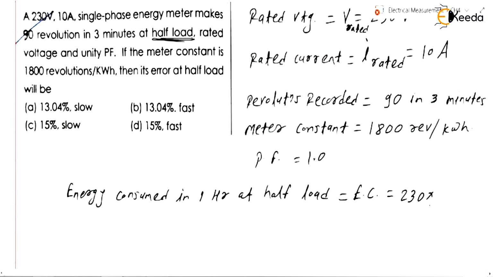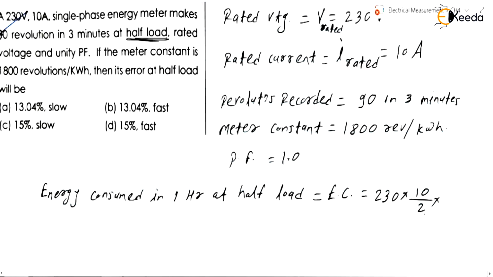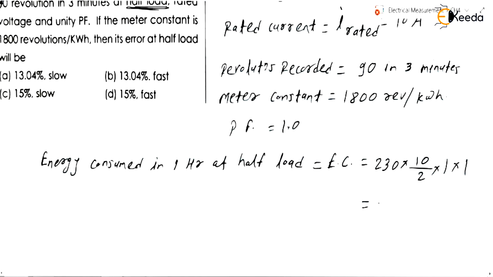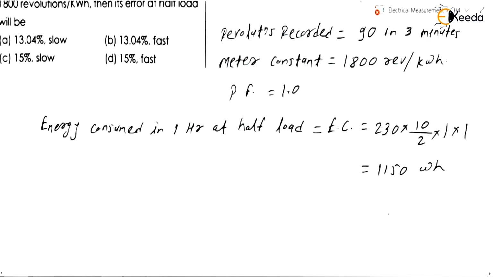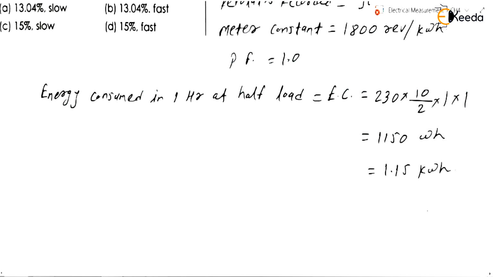At full load it is 10 amperes, so at half load it is 10 by 2. Be careful, this is very important. Into power factor 1, into number of hours 1. So it is 230 into 10 by 2, that is 1150 watt hour, so in kilowatt hour it will be 1.15.